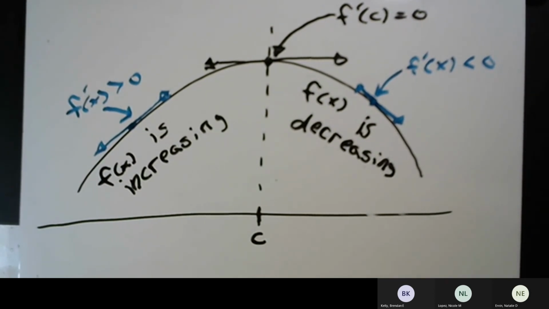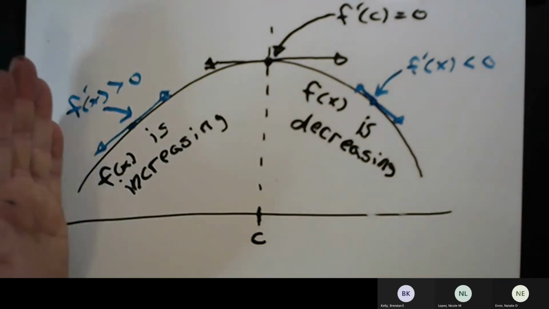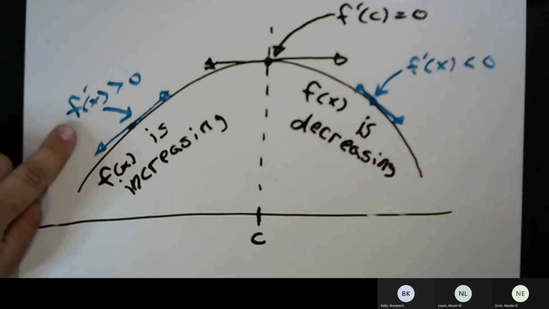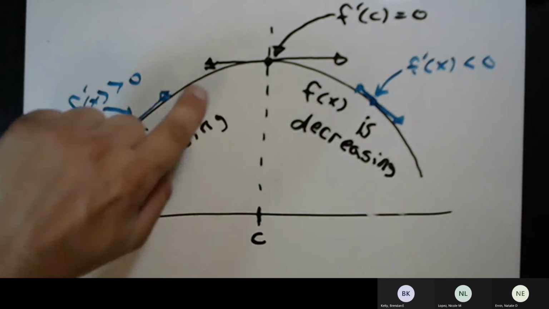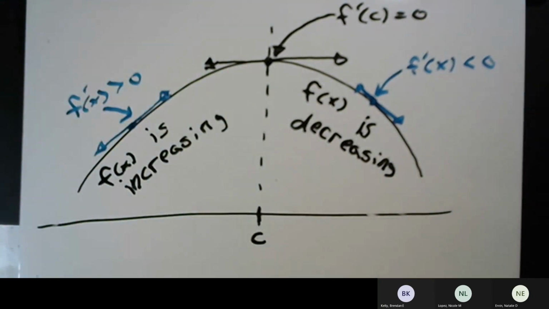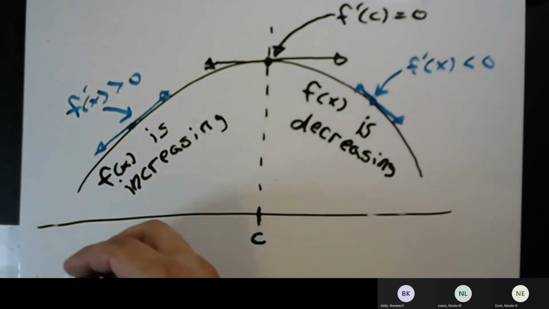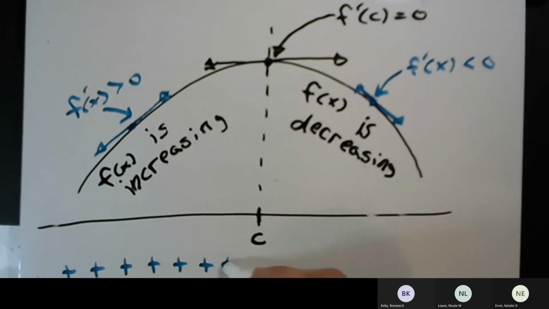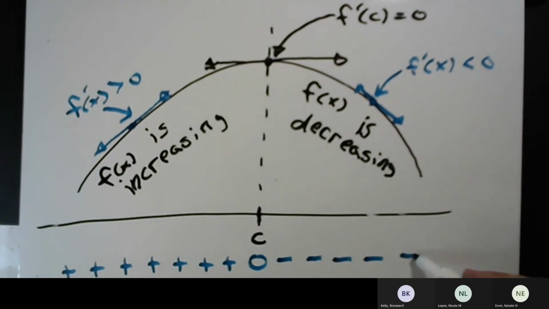So what we might start to see is this. As we go from left to right, in this particular case, the derivative is greater than 0, then the derivative is 0, and then it's less than 0. So let's take a look at our derivatives. We'll have plus, plus, plus, plus, plus, plus, 0, and then minus, minus, minus, minus, minus.